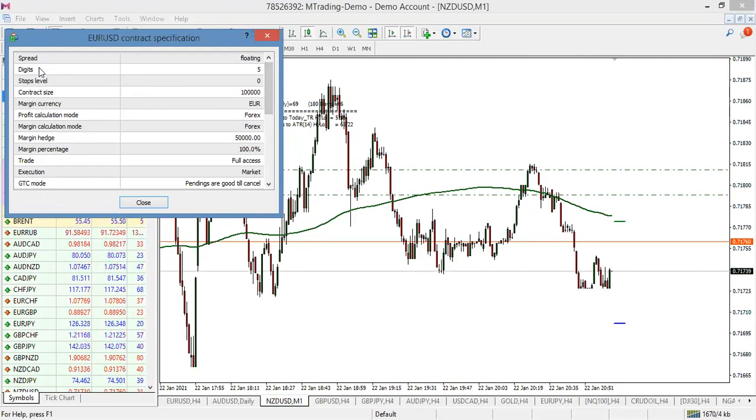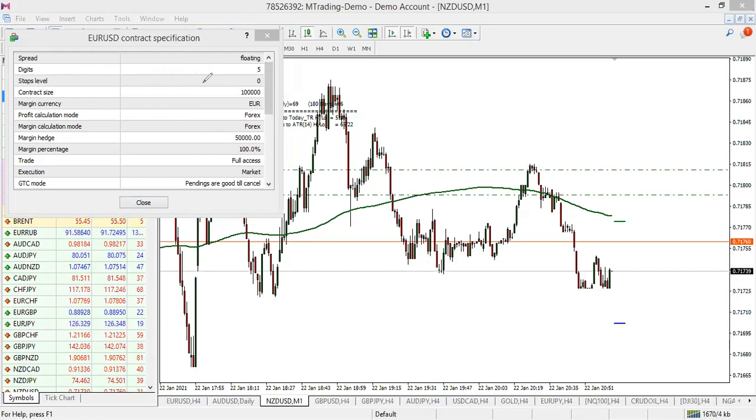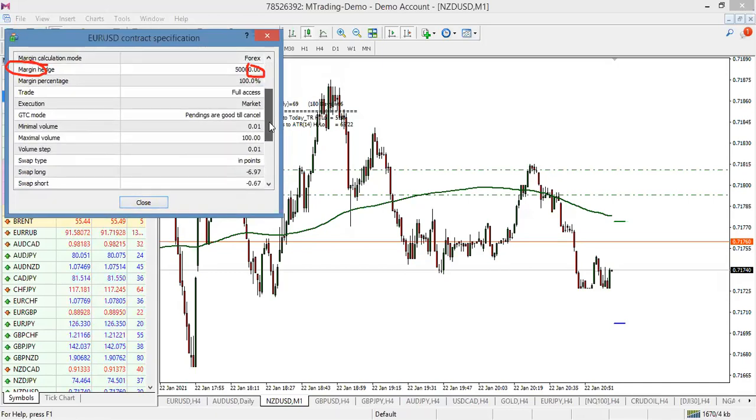You can see here we have 5 digits. That was exactly what I was explaining yesterday, if you remember. Some are 4 digit brokers, some are 5. Okay, 5 digits. So you scroll down. Good. You see swap.